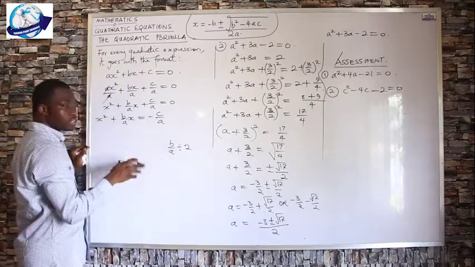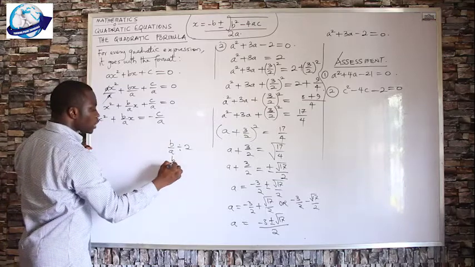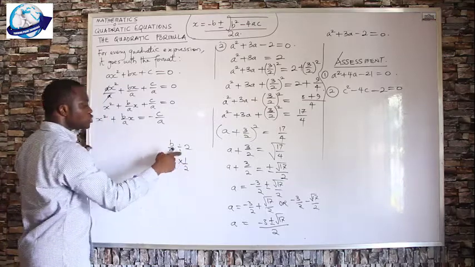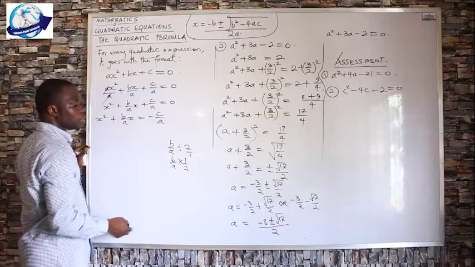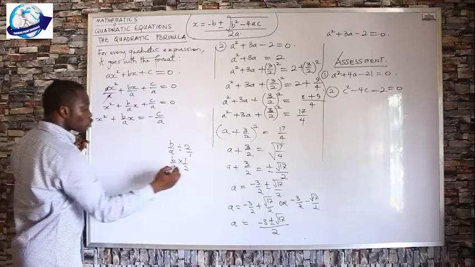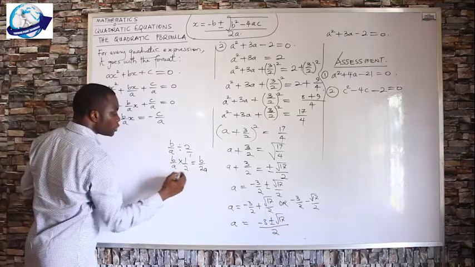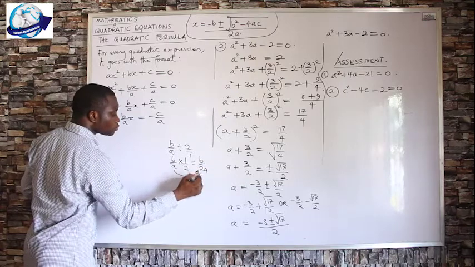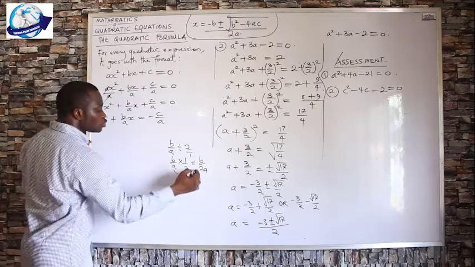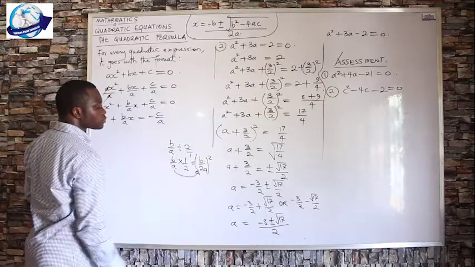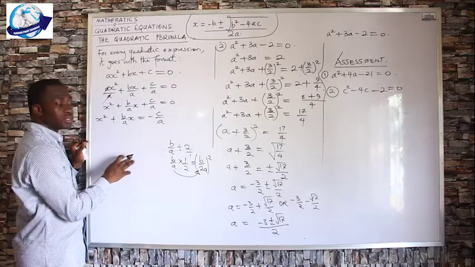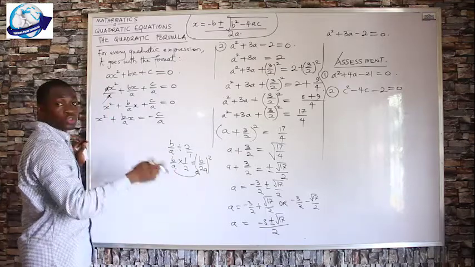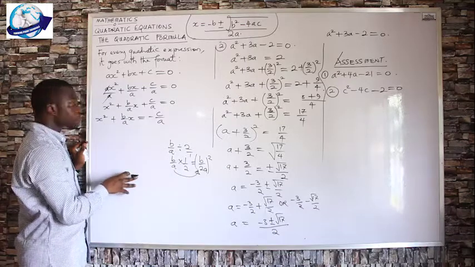So this is b over a divided by 2. That gives you b over a times 1 over 2. When you change division to times, this turns upside down because that's over 1. So what you have now is b over 2a. Then you close the bracket and you square it, and you add it to both sides. So what am I adding? I'm adding b over 2a all squared to the left and right hand side of this expression.